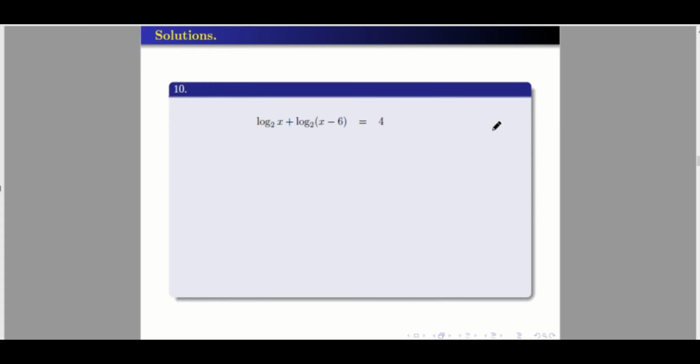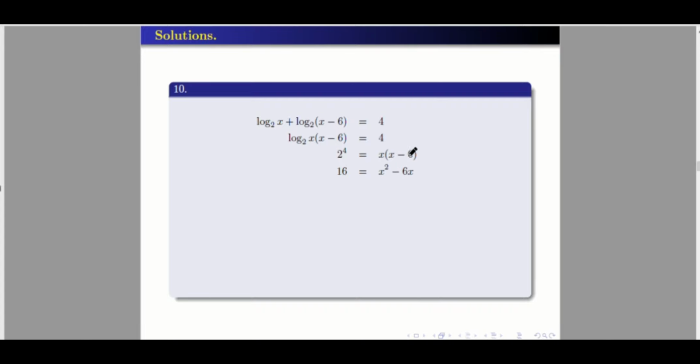Number 10, so we have this. By the property of addition, or multiplication, this is equal to x times x minus 6 equals 4. And then now we can apply the conversion from logarithmic to exponential form. So this is 2 raised to 4 equals this. And distribute. 2 raised to 4, by the way, is 16.